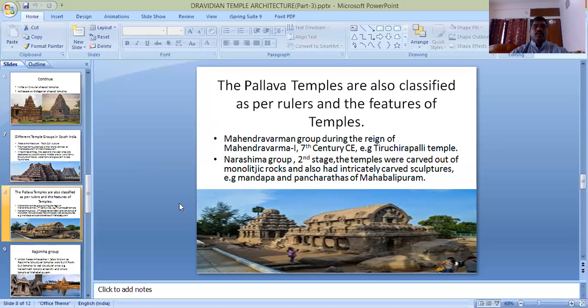That means Mahendra Varman group during the reign of Mahendra Varman I, 7th century CE, for example, Tiruchirapalli temple.